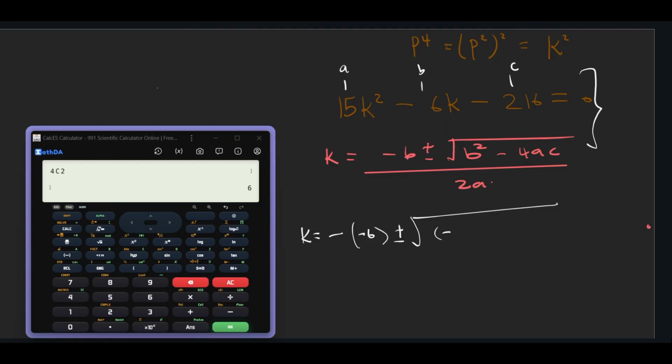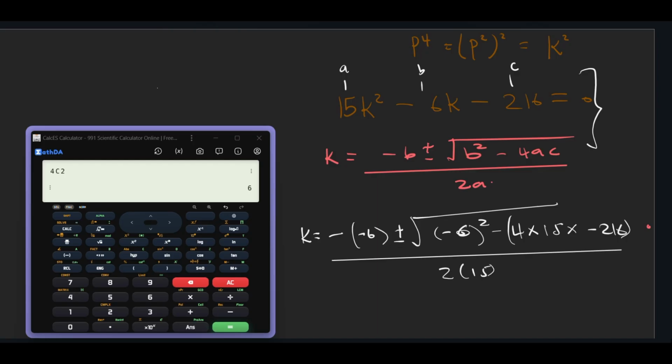B squared again is negative 6 squared, then minus 4 times 15 times negative 216, all over 2 times 15.